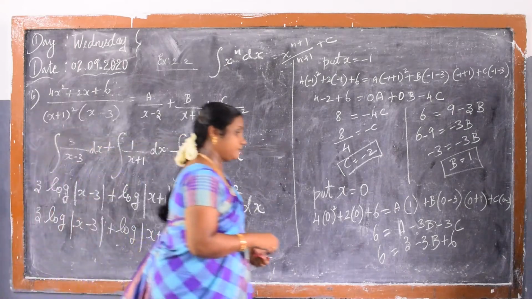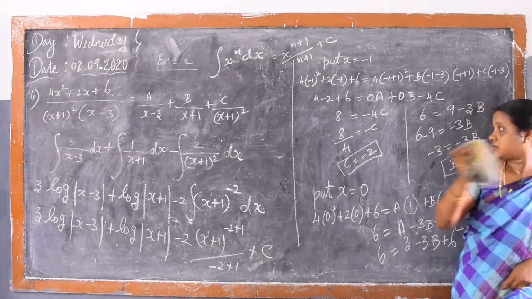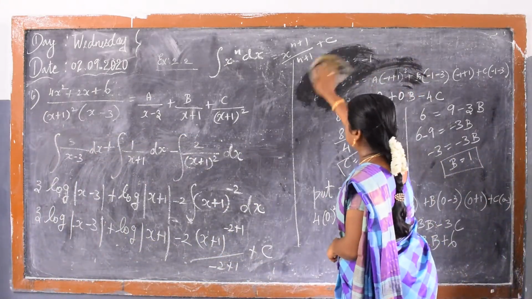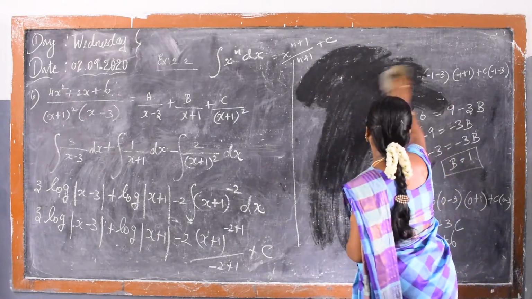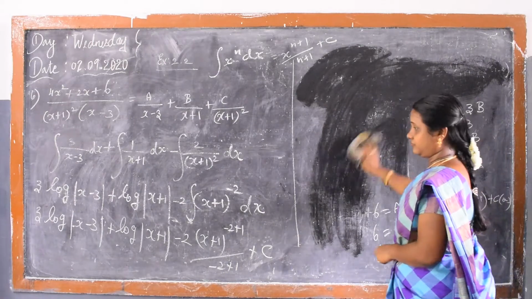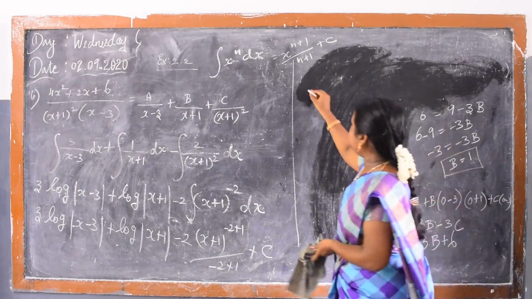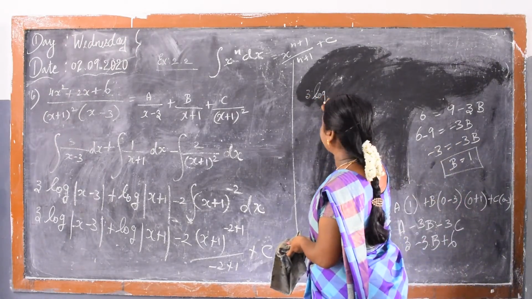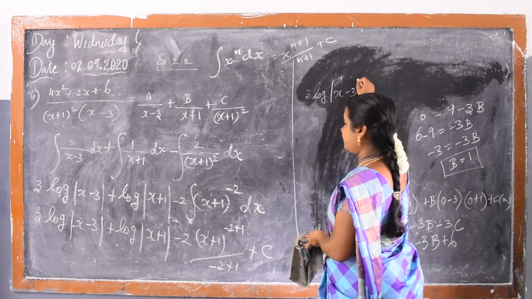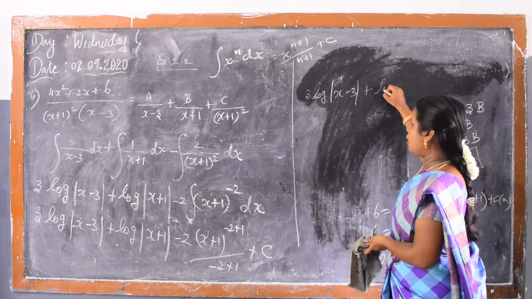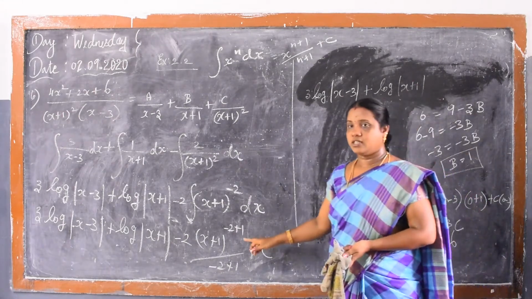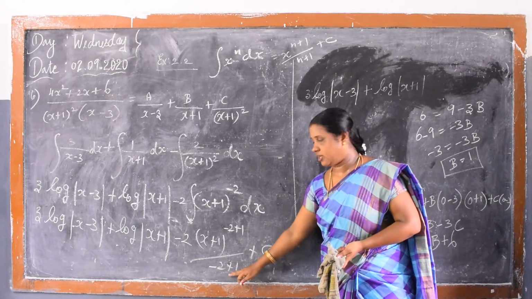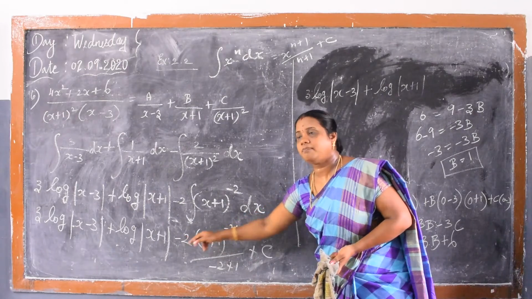Next, see here. What is our last step? See, 3 log x minus 3 plus log x plus 1. Now we simplify this. Minus 2 plus 1 is minus 1, and after the minus here, it will become plus.